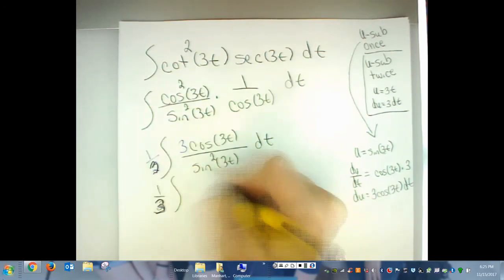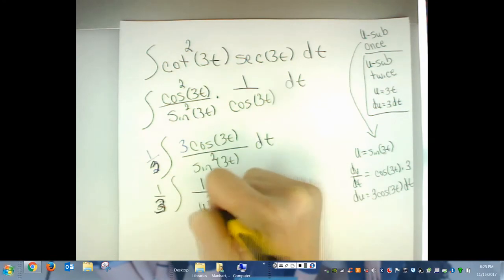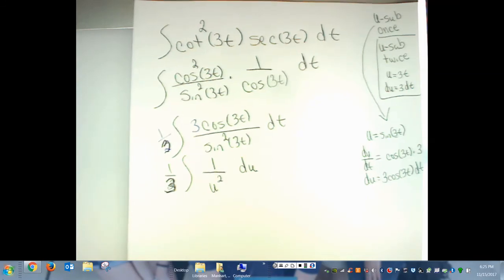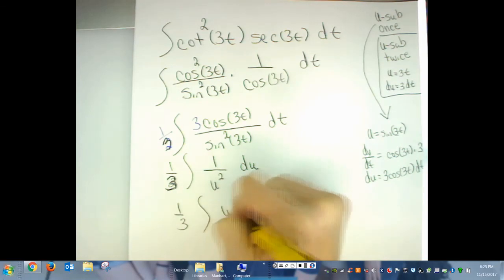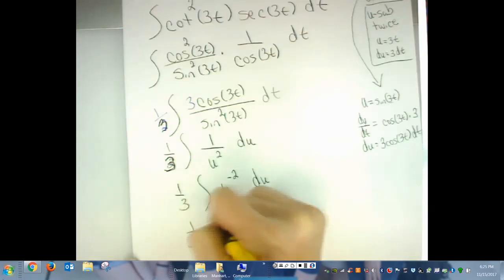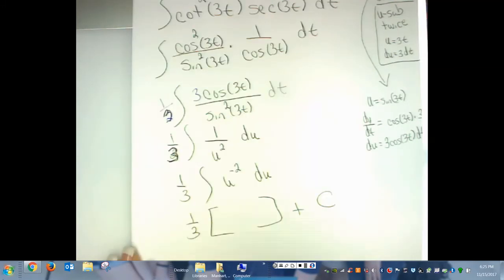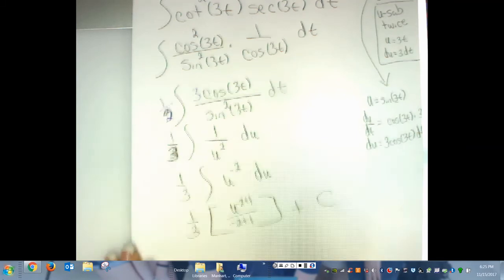You would have 1 divided by u squared du, because u is sine of 3t. Bring the u up into the numerator to make that 1/3 antiderivative u to the negative 2. And then your basic power rule, u to the negative 2 plus 1 over negative 2 plus 1.